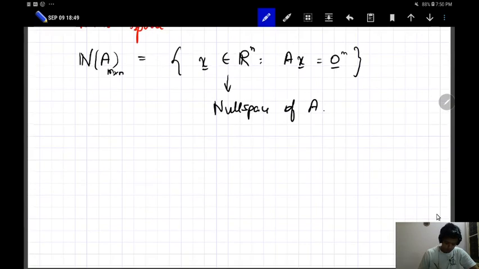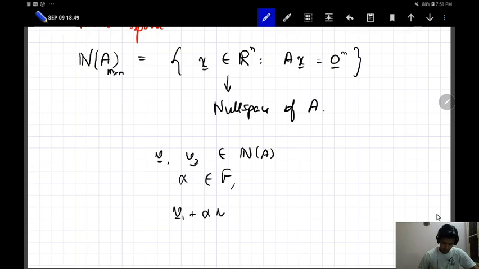To show that N of A is a subspace, you need to show property P star. So if you take any two vectors v1 and v2 which lie in N of A, and take any alpha in the field, and you take v1 plus alpha v2, you have to prove that v1 plus alpha v2 also lies in N of A. And how do you show this?